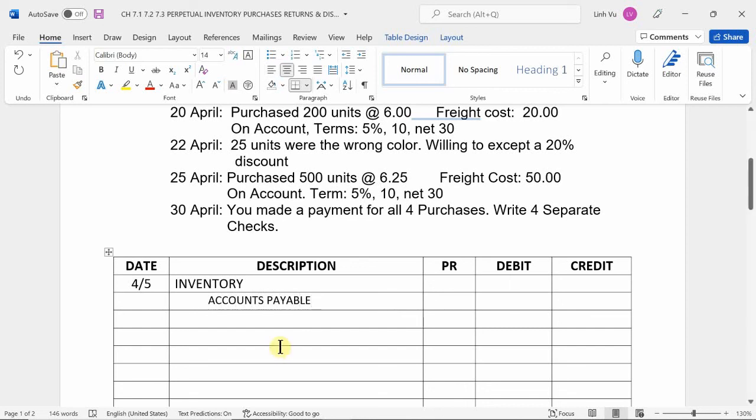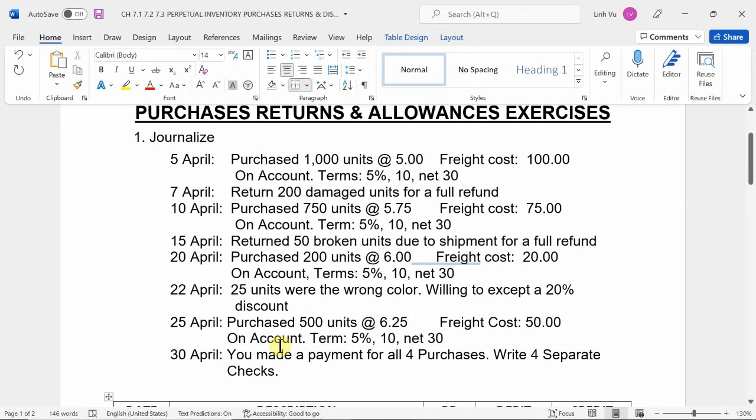Now, how much is my grand total that I'm going to be putting into my inventory? 5,100, right?